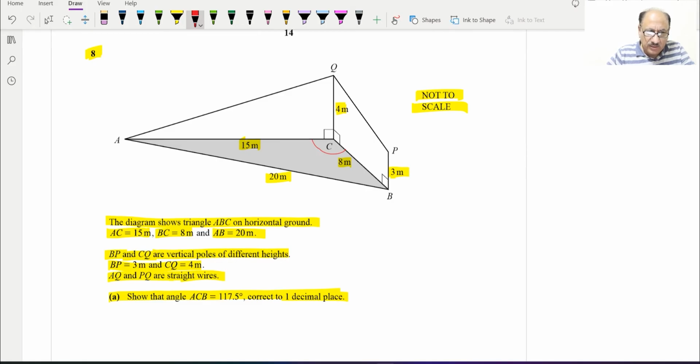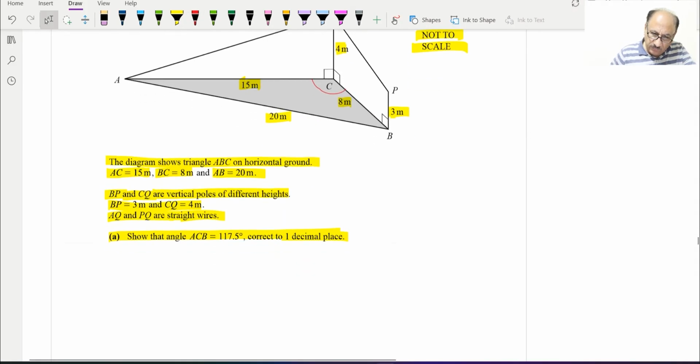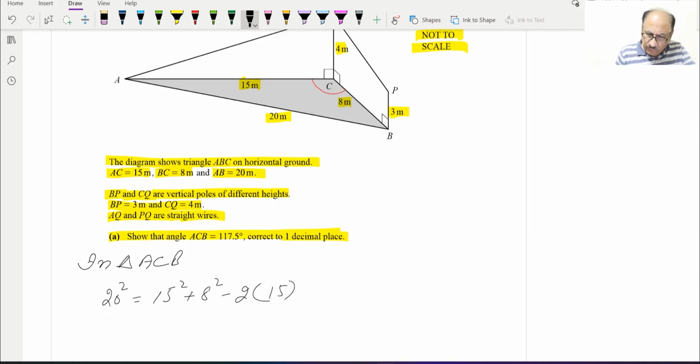So if I write in triangle ACB, we can apply the cosine rule. So 20 square is equal to 15 square plus 8 square minus 2 into 15 into 8. I am applying the cosine rule, cos of angle ACB.